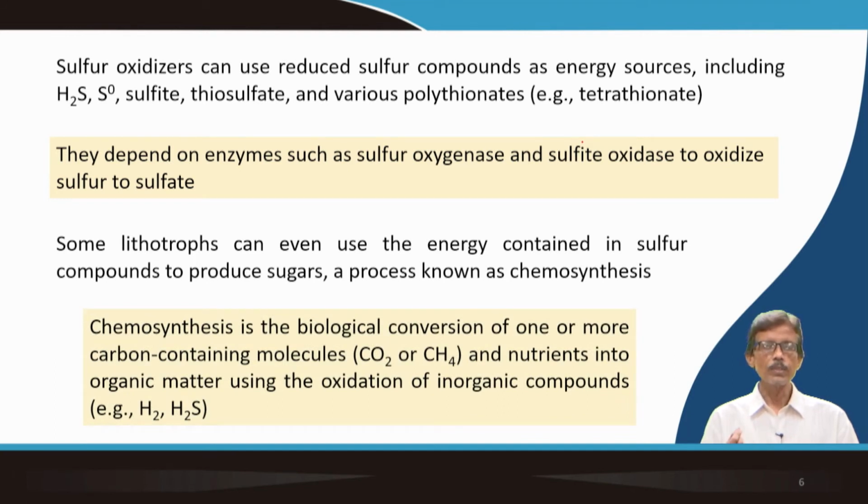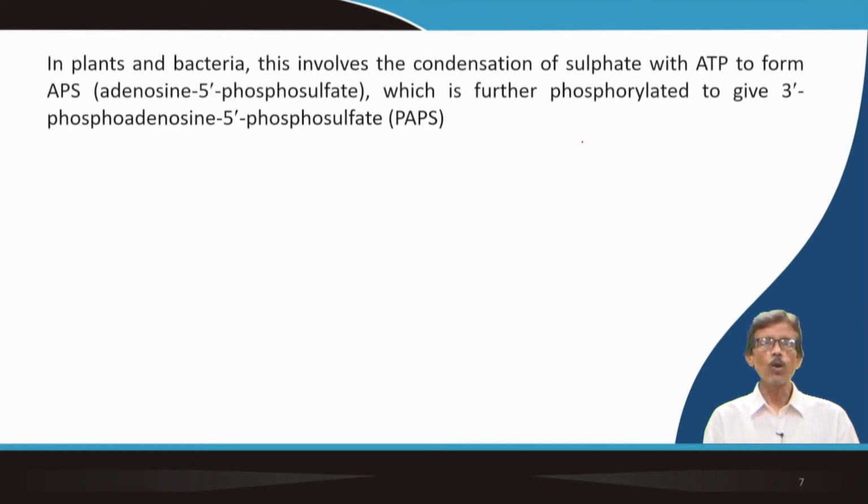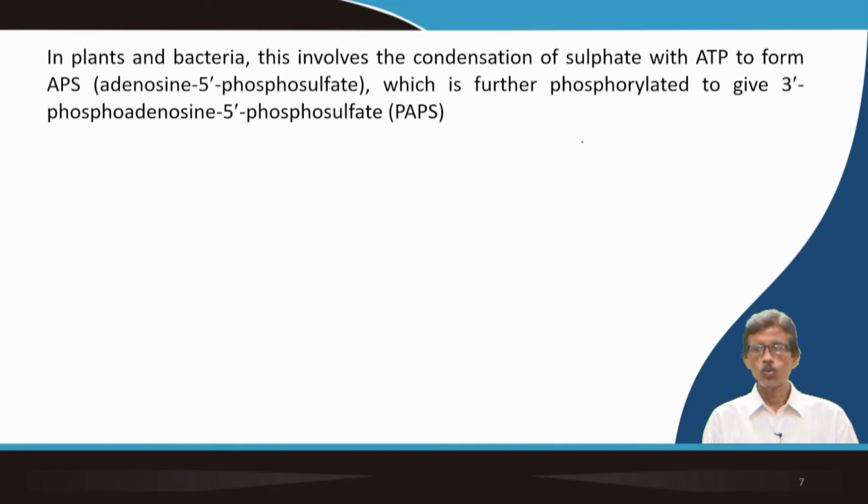What is that? It is a biological conversion of one or more carbon containing molecules. If you have a C1 system, that means a one carbon containing molecule like carbon dioxide or methane, and any other nutrients with more than one carbon, organic matter we can produce using oxidation of inorganic compounds, that means oxidation of H2, we know hydrogenases are there, or the oxidation of H2S. So, many useful molecules we can produce. So, what are those molecules basically?